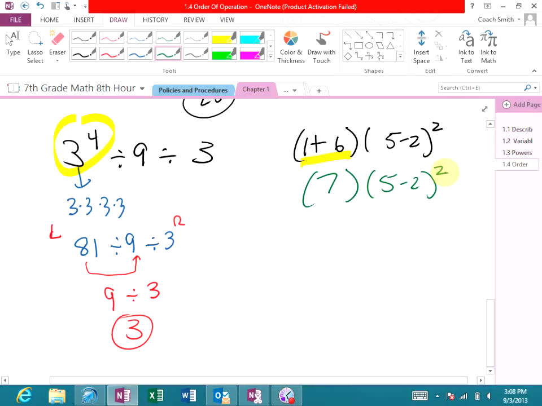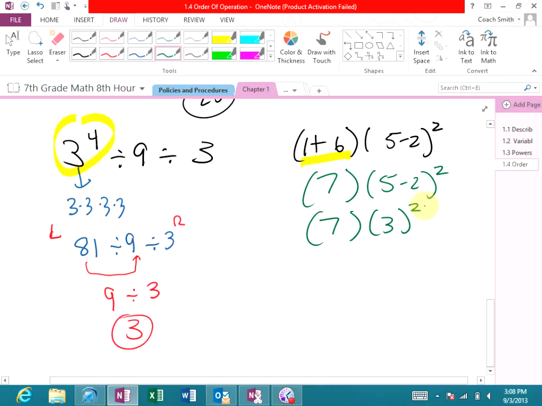Now, can I do anything in the first parentheses? Is there any operation? No. I have to move inside the other parentheses, which is 5 minus 2. So what is 5 minus 2? 3. Rewrite the problem. Okay, that's what I have now.